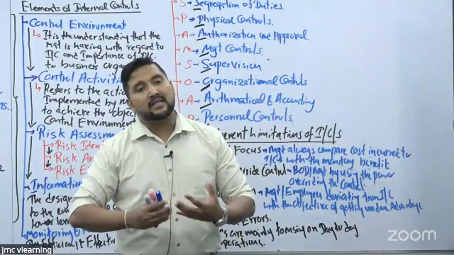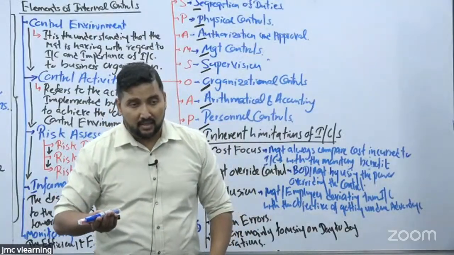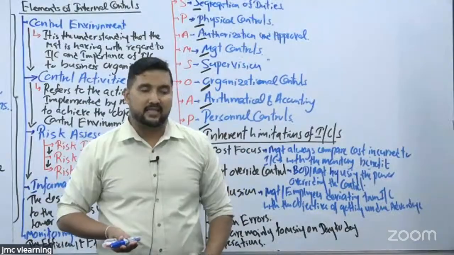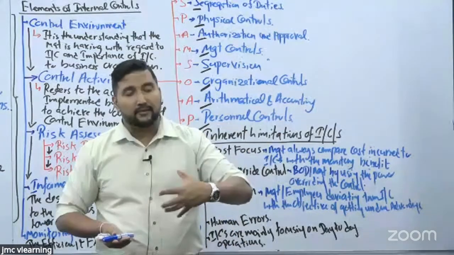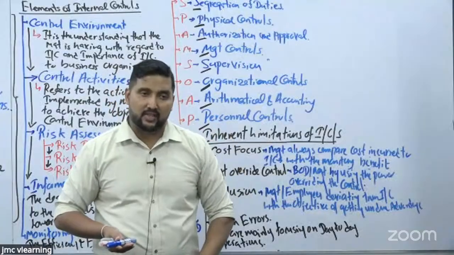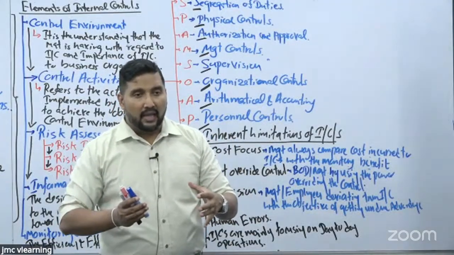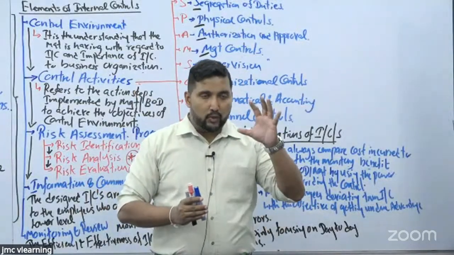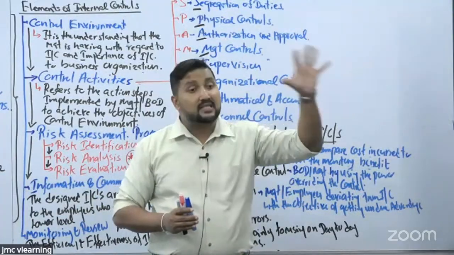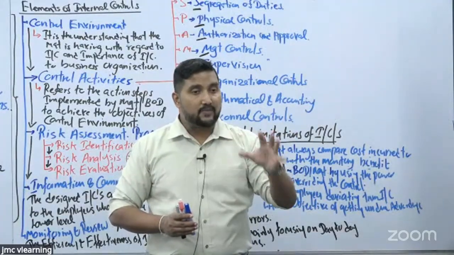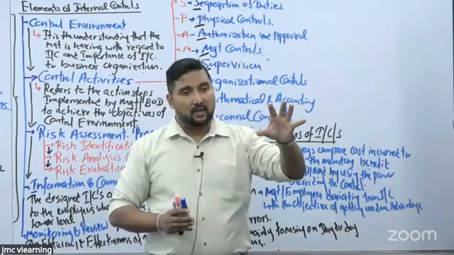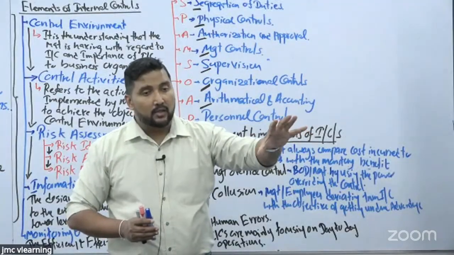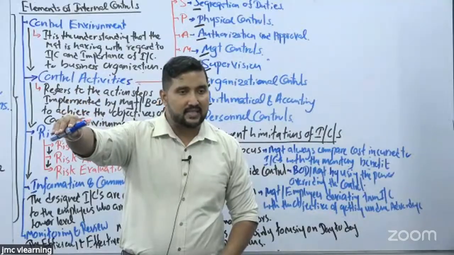But if something happens in ad hoc transactions like fixed asset purchase or fixed asset sale, the magnitude of the fraud may be much higher than in a day-to-day transaction, where the impact of a fraud is much higher. So therefore, as management, when you are implementing internal controls, you need to have internal controls for day-to-day transactions, plus you need to have internal controls for ad hoc transactions as well.